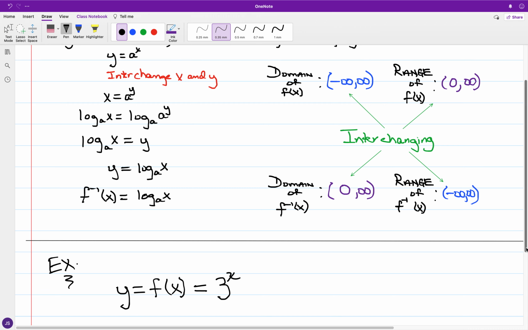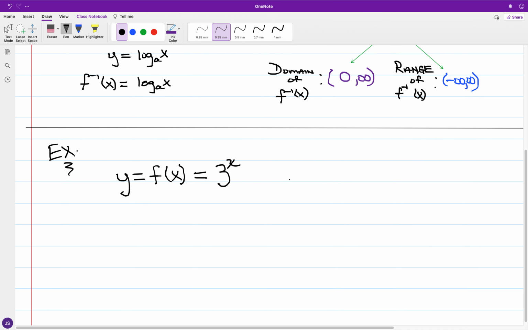Now for the domain of f of x, this is the exponent. So x could be 0, it could be positive, and it could be negative. So you have going between negative and positive infinity.